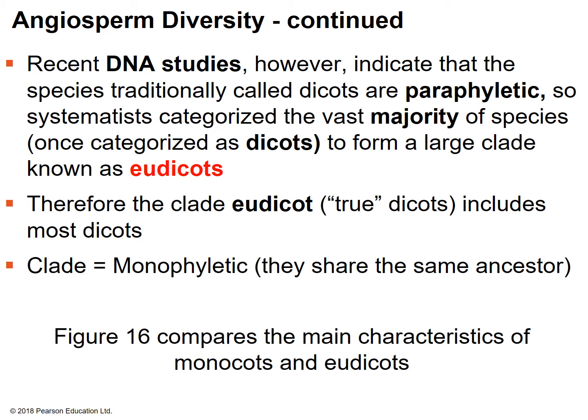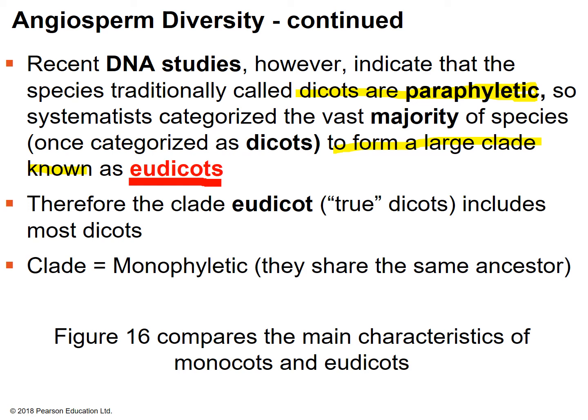Recent DNA studies, however, indicate that the species traditionally called dicots are paraphyletic. So systematists categorized the vast majority of species, once categorized as dicots, to form a large clade known as eudicots.